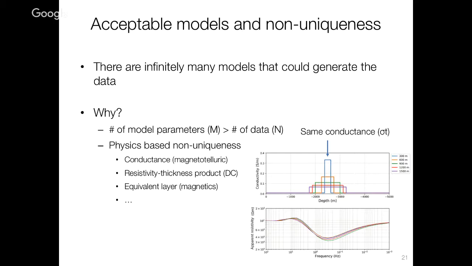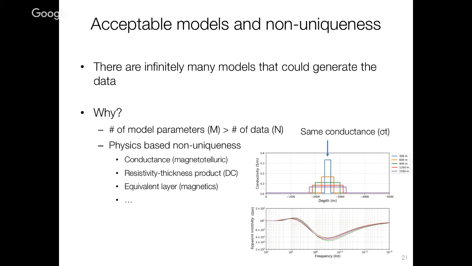There's other kinds of trade-offs that can happen. We'll show this afternoon in the magnetotelluric problem you get essentially the same data if you have a layer in there and it has a particular conductance in it.